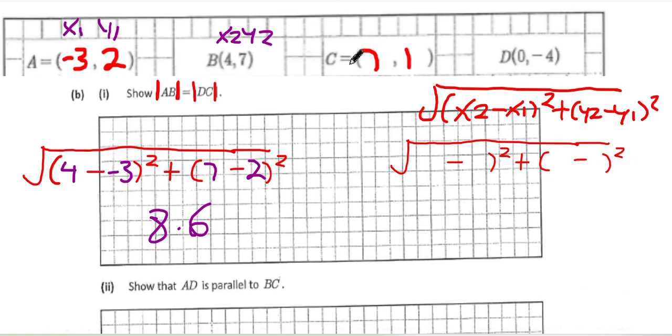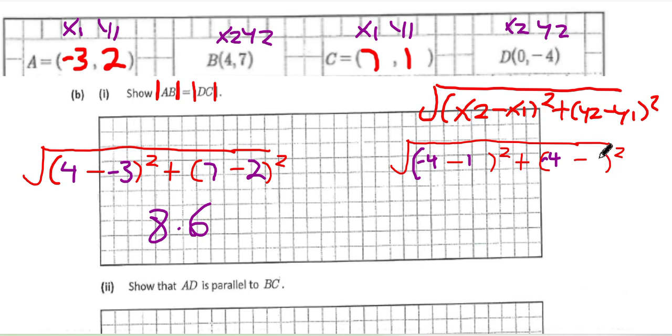Yep. Okay. Next one. We're doing CD now, aren't we? Everybody see CD? So what do we get here? What's Y2? Minus 4, then Y1? 1. Y2? Minus 4.